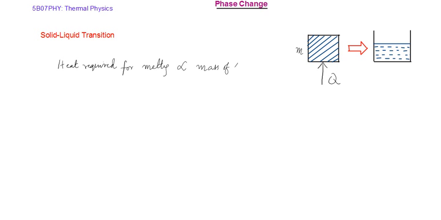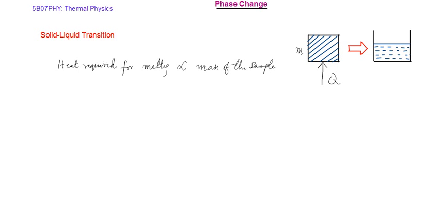That is a very common observation, logical also. It means that if you have got a large amount of sample, then you will have to supply more amount of heat. That is very clear. So heat required for melting, which is a phase change, is directly proportional to the mass of the sample. Greater the mass of the sample, greater will be the heat required for melting it completely.